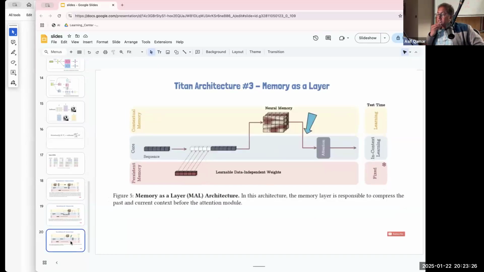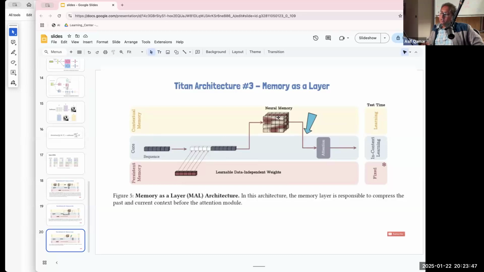And then the third architecture is what they call memory as a layer. In this case, which is slightly different from the second architecture, again, the input from the long-term persistence and the input sequence are fed into the long-term memory. From there, the whole abstraction is fed into attention. I think this is the simplest architecture.